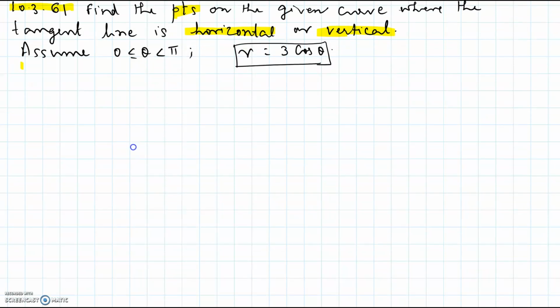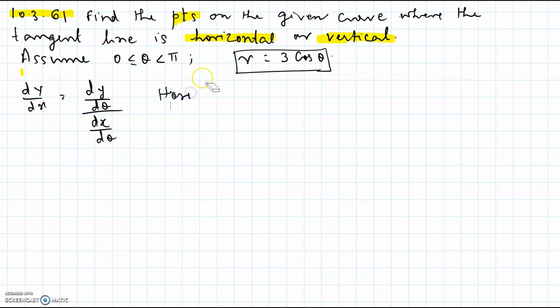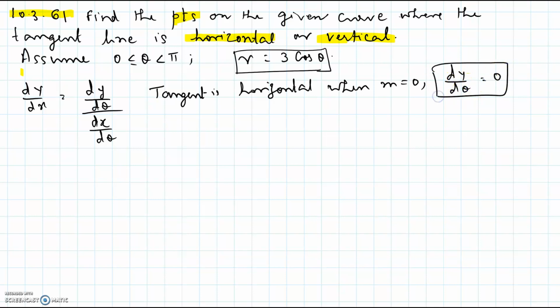In polar or parametric form, the slope of the tangent line, dy by dx, is defined to be dy by d theta, the parameter, over dx by d theta. So the tangent line is horizontal when the slope is 0, or when the numerator dy by d theta equals 0.